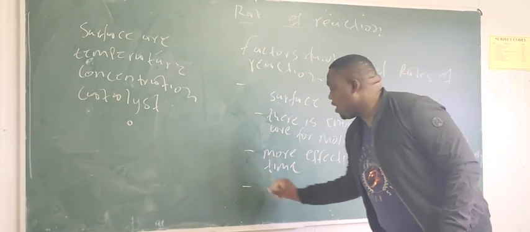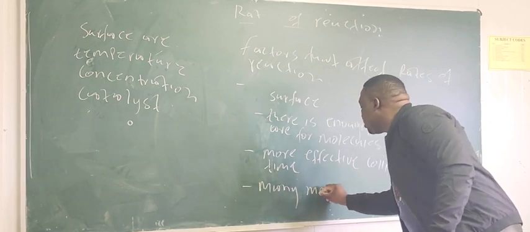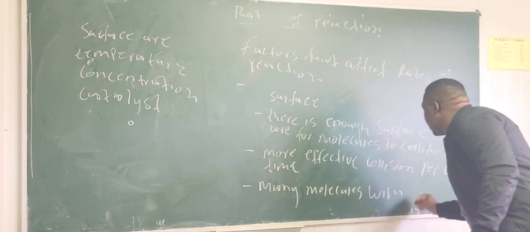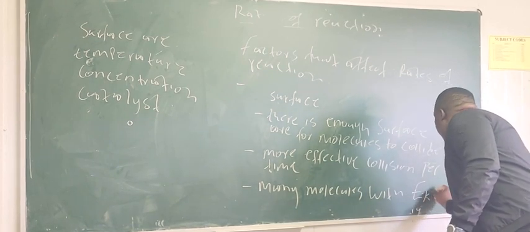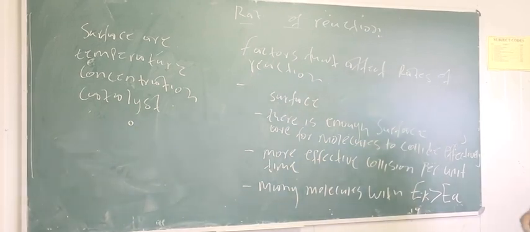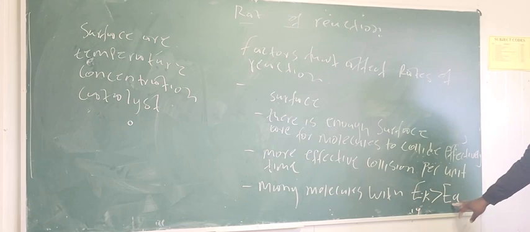Then I will say many molecules with EK greater than EA, because there is space. Many molecules with kinetic energy greater than activation energy. EK is kinetic energy, EA is activation energy.